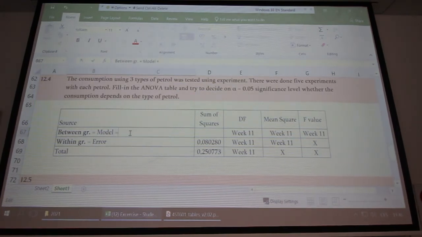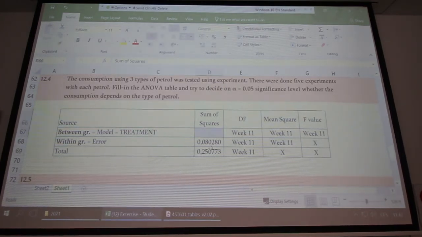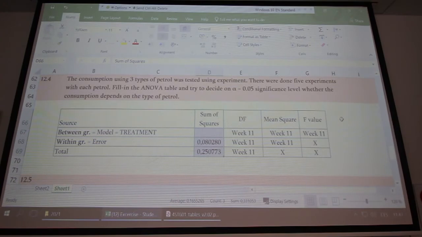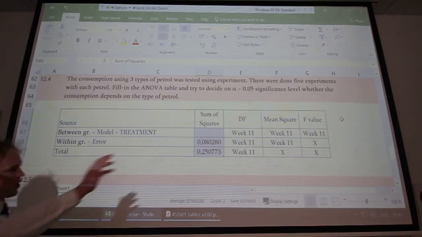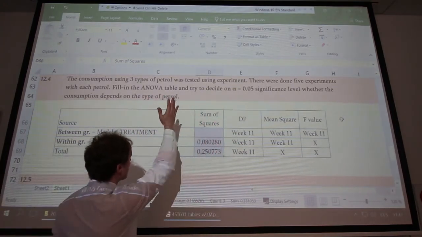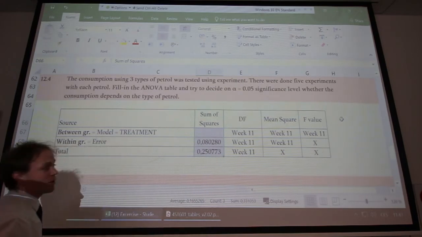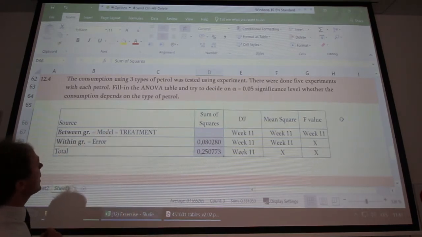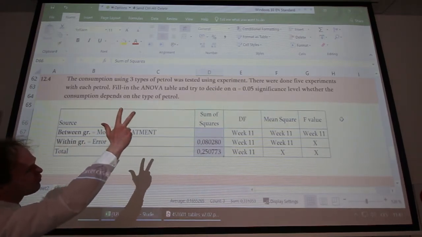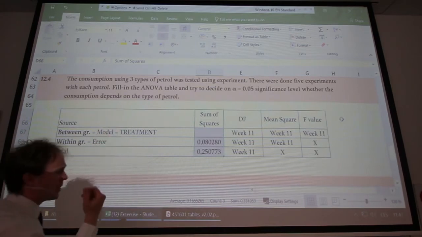So I will write it here: treatment, error and total. So we have calculated only the sums of squares, and the rest of the information is written in the sentences in this example: 3 types of petrol, 5 experiments with each petrol.